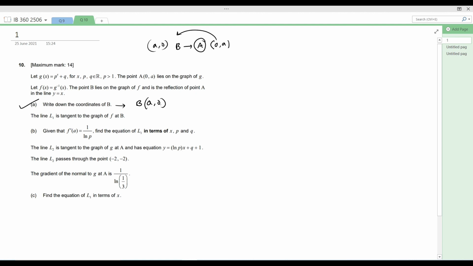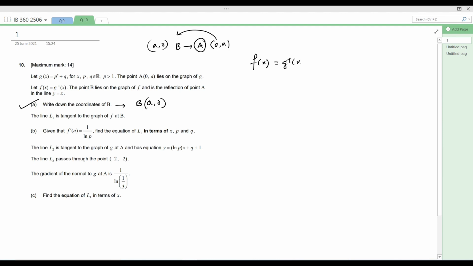The second part is: given the line L1 is the tangent to the graph of f at B, and given that f dash a equals 1 by ln p, we needed to find the equation. Here f is given as g inverse of x.